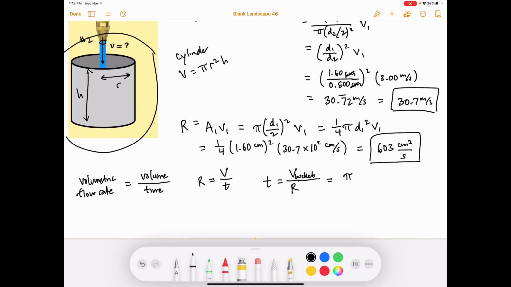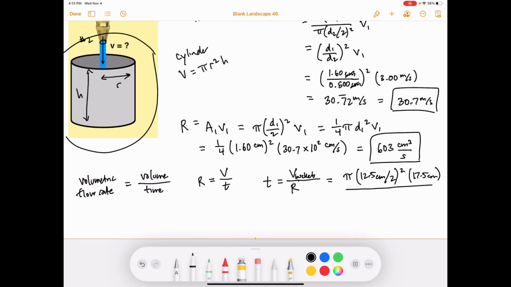Now, we're given the diameter of the bucket. That's 12.5 centimeters, so we'll divide by 2 to get the radius, square it, multiply by the height, which is 17.5 centimeters, and now we have the volume of the bucket.